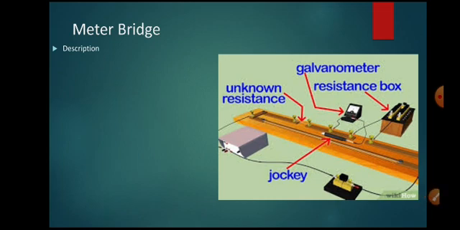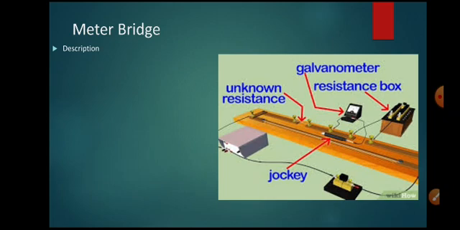Right, so one terminal of the galvanometer is connected to the middle strip, and the other end of the galvanometer is connected to the jockey through a high resistance. The meter bridge is a bridge having three metal strips with two gaps. In between the two metal strips, a 1 meter uniform cross-sectional area wire is connected.